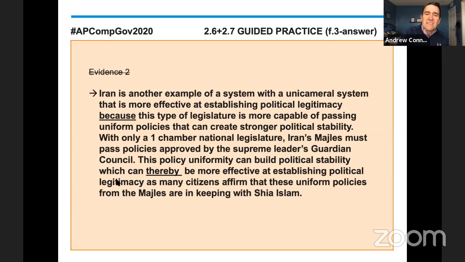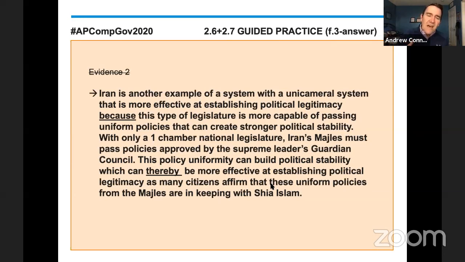And my reason is that many citizens affirm that these uniform policies from the Majlis are in keeping with Shia Islam. That's the whole role of the Guardian Council and the Supreme Leader. That's what the Constitution tells them to do, is to make sure the laws from the Majlis are compatible with Shia Islam. And that's part of the political legitimacy of Iran's system.